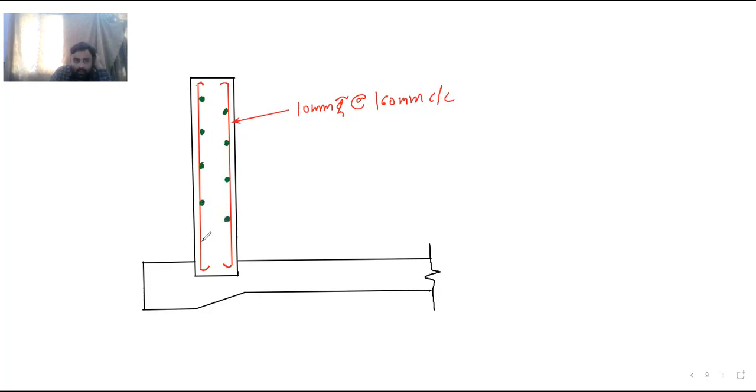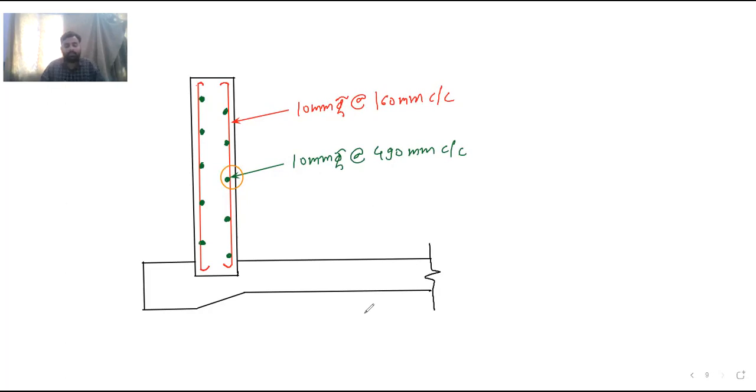It is 10 mm bar, about 490 mm center to center. This is the distribution steel. This is all about the wall.